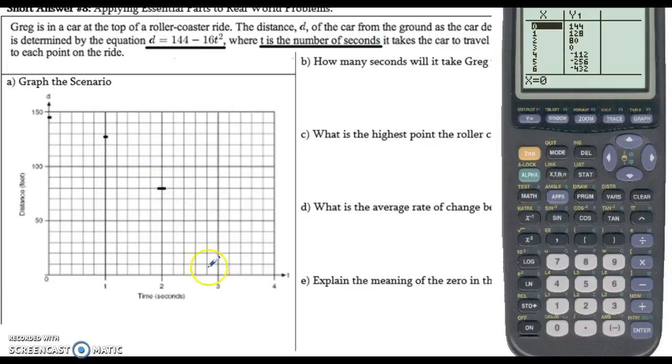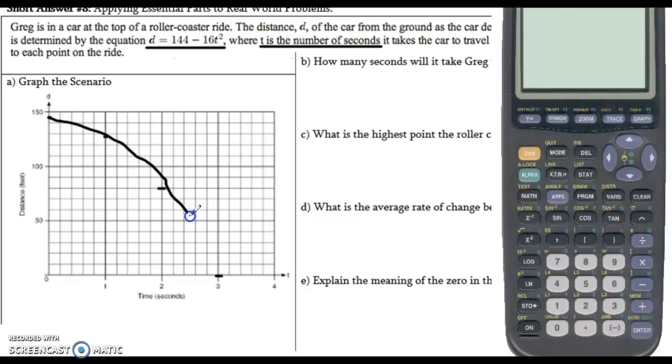And then 3, 0, as you can see it landed here. So now what we can do is connect these points into a smooth curve, or as best we can do. So you can see that it's not a straight line, this is not a linear function, this is a parabola, it's a quadratic function. And I did the best I can here. Alright, so we don't need the calculator anymore.